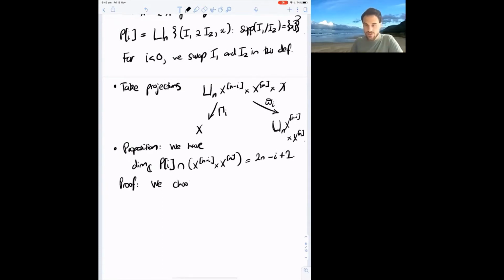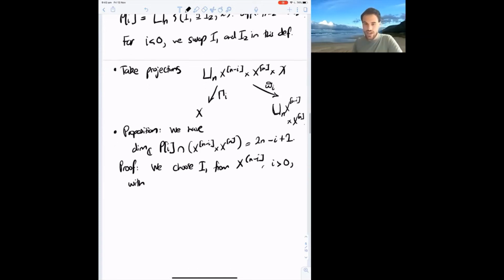We choose our first point I1 from X^[n-I]. I'm going to look at the case where I is greater than 0. And we know what the dimension of this Hilbert scheme is. This is 2 times n minus I.